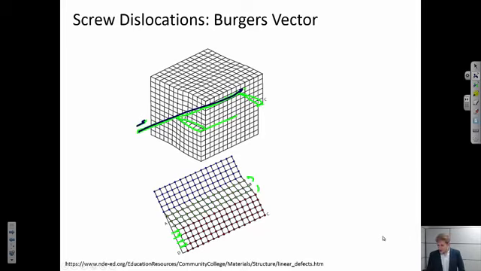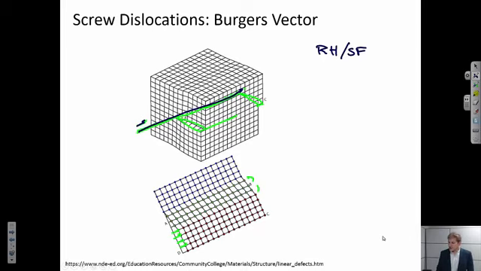So for the Burgers vector, again, we're going to follow a right-hand start-to-finish convention. Just like with the edge dislocations, the specific convention you use is not as important as the fact that you maintain the same convention throughout.